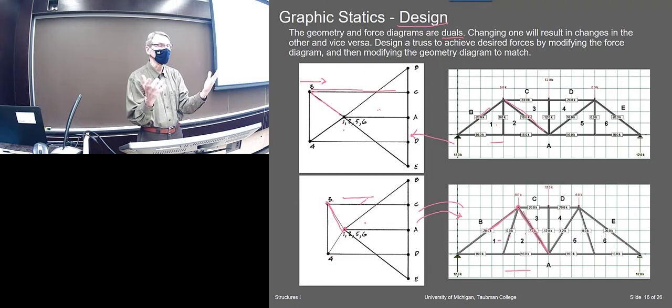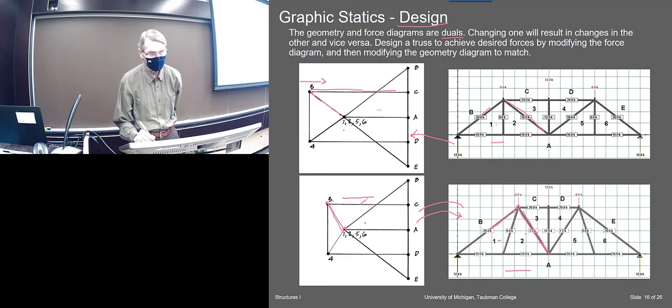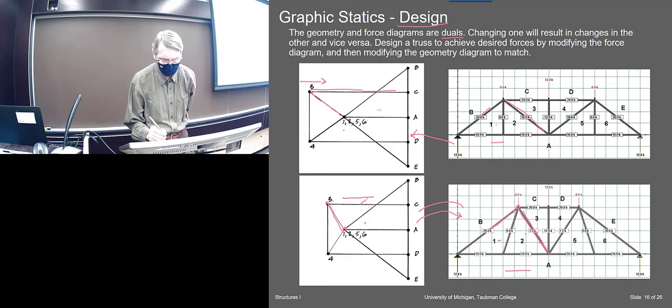You try one, you say, oh, I'd like to reduce the forces, and you just kind of trial and error to figure out a new design. Well, this gives you at least a method, a tool to redesign it.